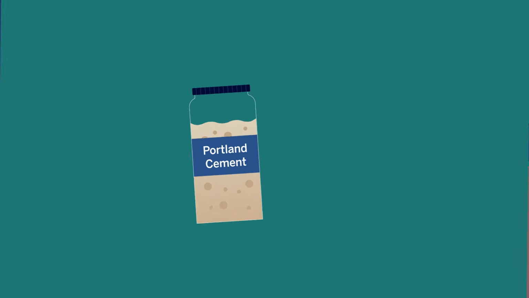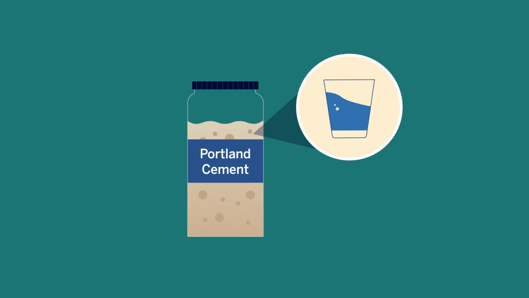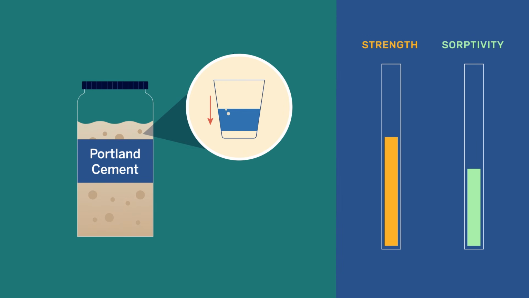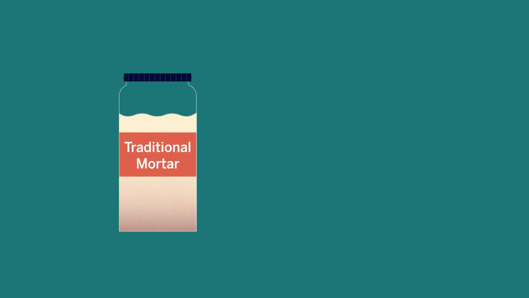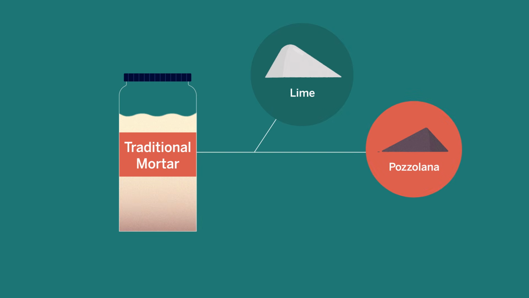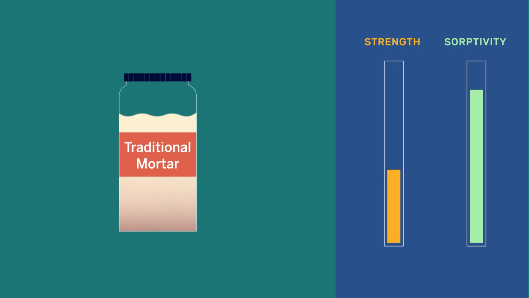In this respect, mortars based on Portland cement and having a low water content may be harmful as they would develop high strength and low sorptivity, tending to trap water in stone or brick. Traditional mortars based on lime, pozzolanic mixes, or hydraulic lime may tend to perform better in this regard.